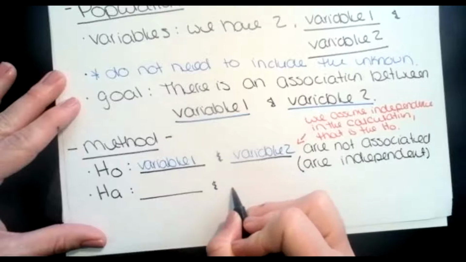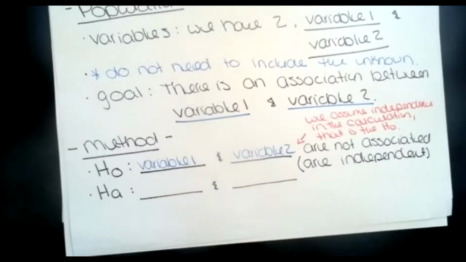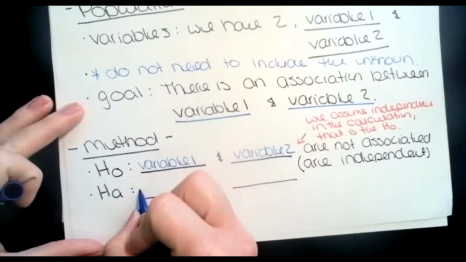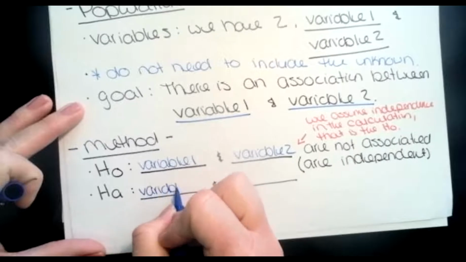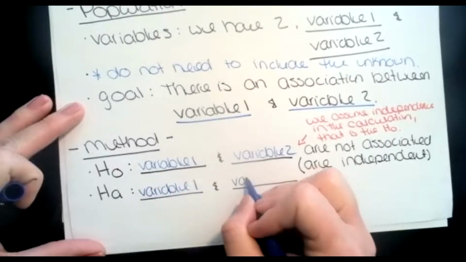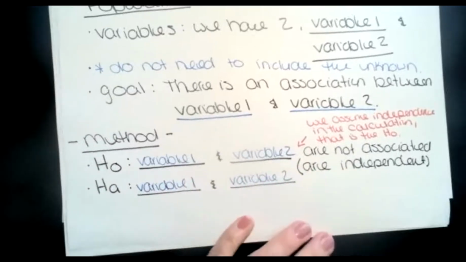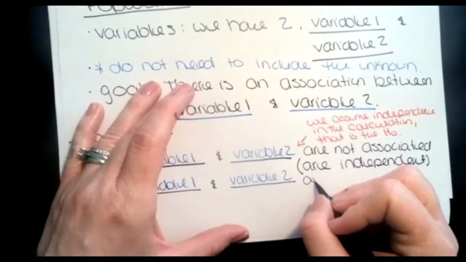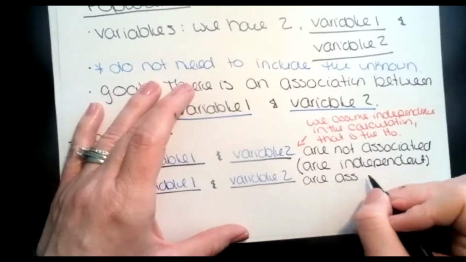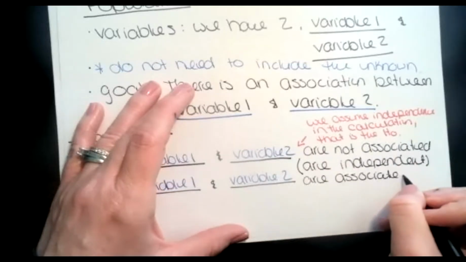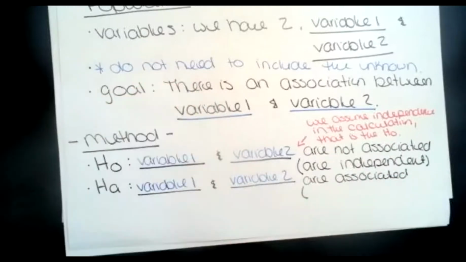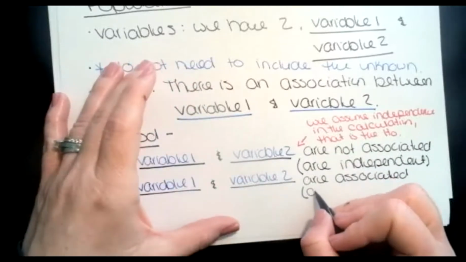And then the HA, the opposite, right? Variable 1 and variable 2 are associated. Or you could call these that they are not independent.